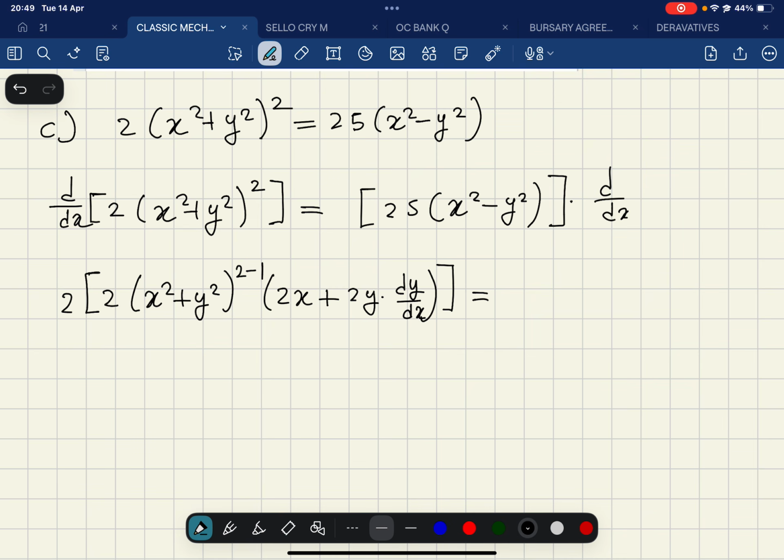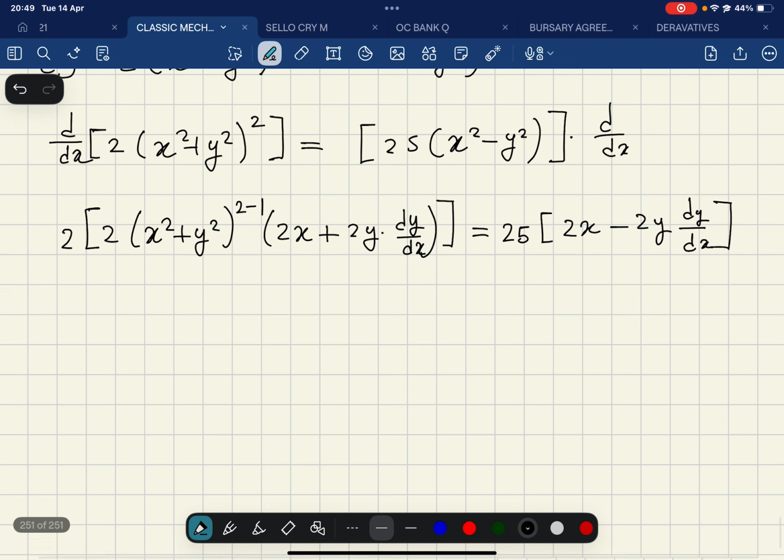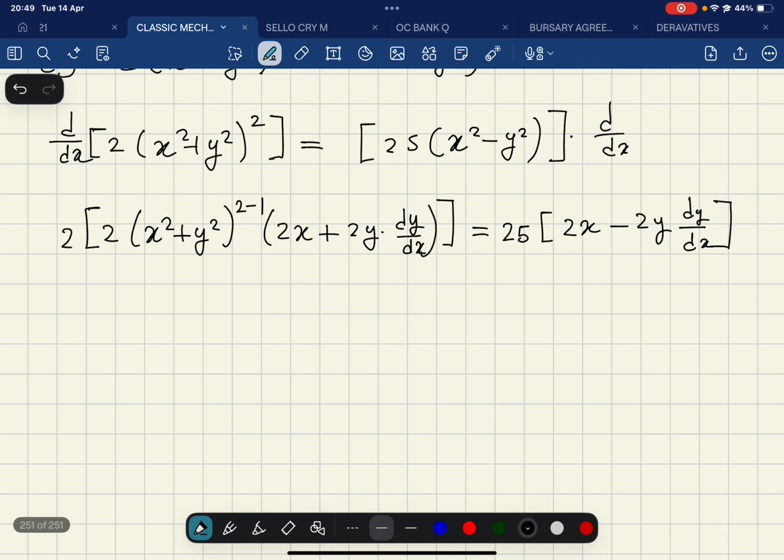On the right hand side, I will still have 25. Then when I derive inside, I will have 2x minus 2y. Then I have dy over dx. Then we close the brackets. Then from there, we can easily see that 2 minus 1 is just 1.